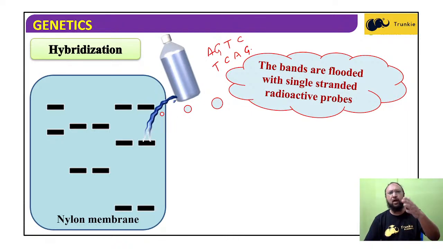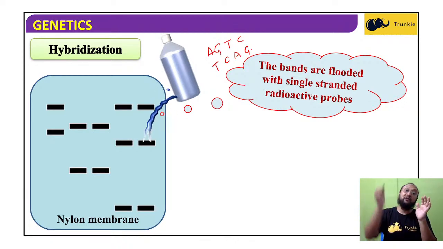Till now we have not got a clear picture of this band. We know that during gel electrophoresis the bands have formed, and then the DNA fragments have been transferred to the nylon membrane.